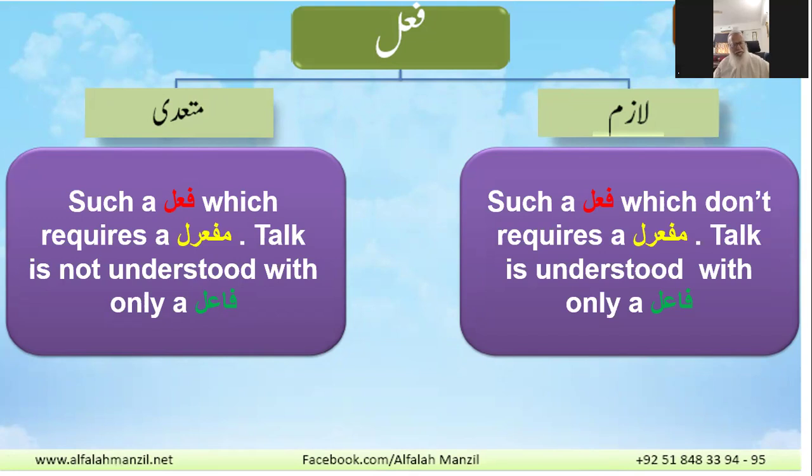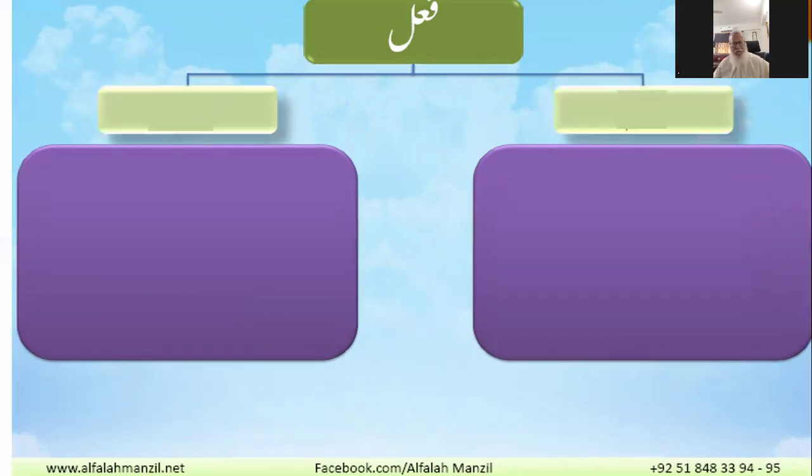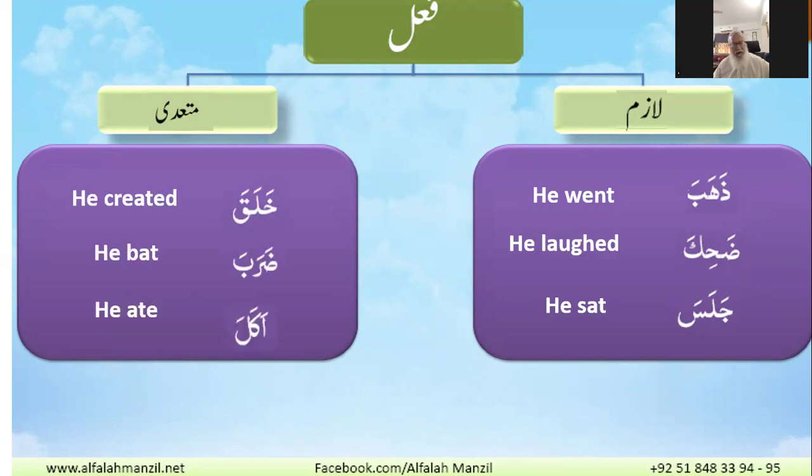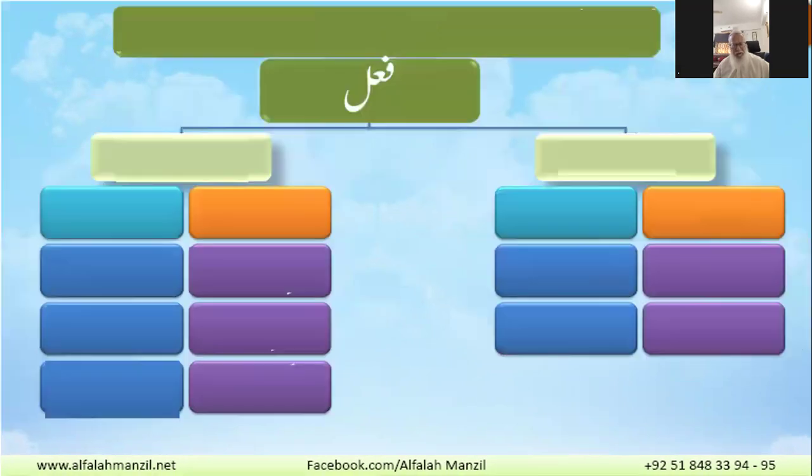They need fa'il and maf'ul. Examples of lazim: dhahaba, he went; dahika, he laughed; jalasa, he sat. So they are lazim verbs, no maf'ul is required. Muta'addi examples: khalaqa, he created; daraba, he hit; akala, he ate. These verbs need a fa'il and maf'ul to complete the action of the verb.